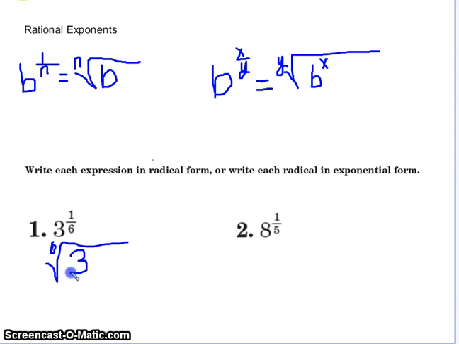This is just telling us to find the 6th root of 3. We are just going to have to leave that as the 6th root of 3.